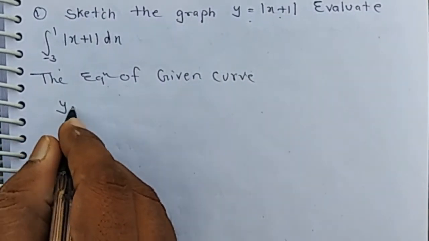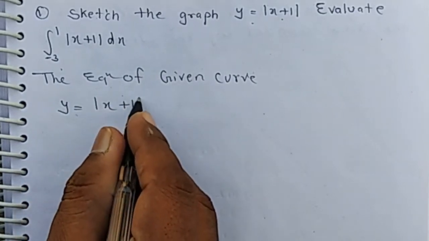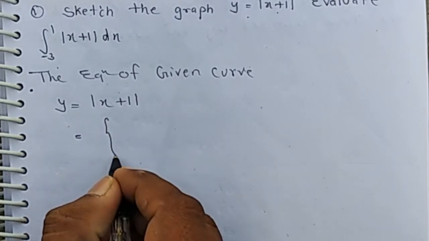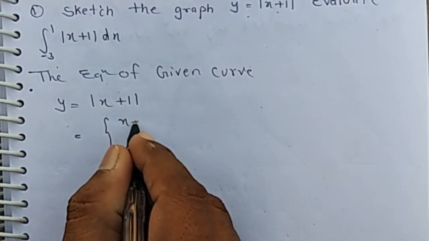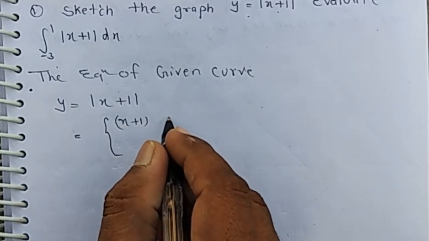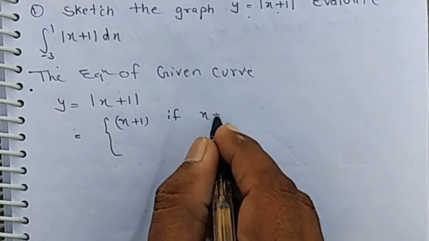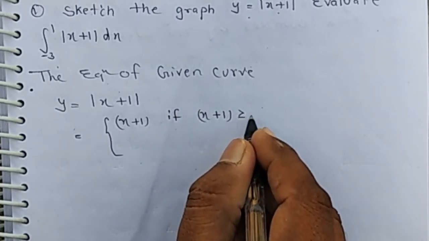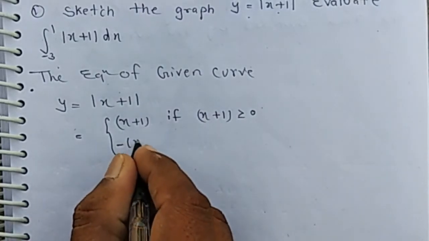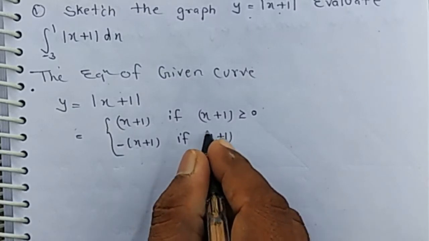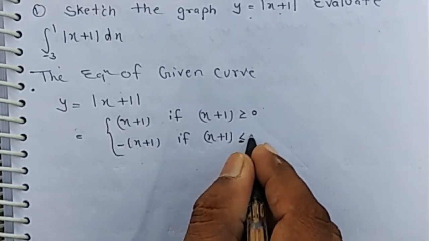Y equal mod x plus 1, and it can be written as x plus 1 if x plus 1 is greater than or equal to 0, and minus x plus 1 if x plus 1 is less than 0.